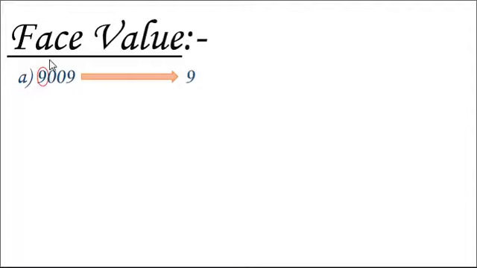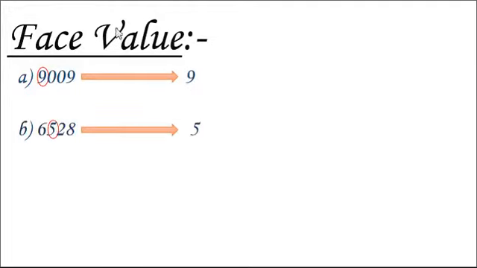But we know that they are asking you the face value. So what will be the face value of this 9? The digit itself. We are not going to write 9000 over here. We are going to write the digit itself. If the face value is asked, we write the same digit. So you are going to write the digit itself, 9.